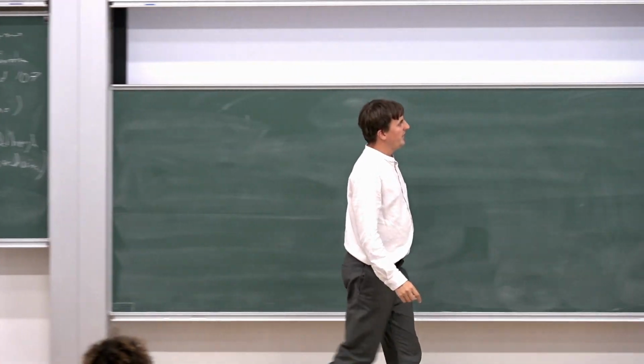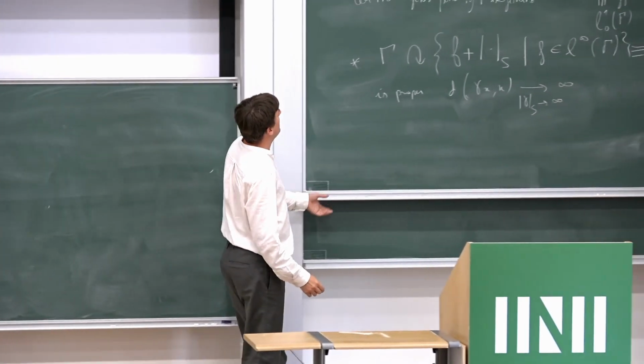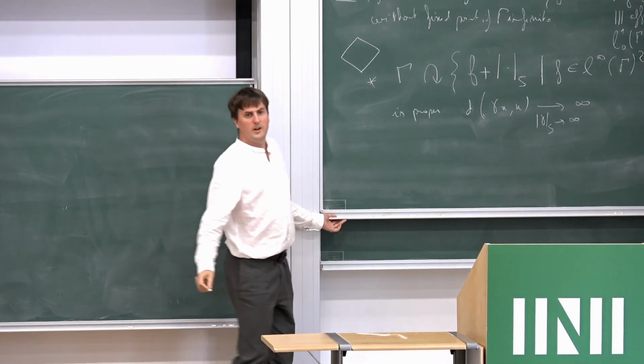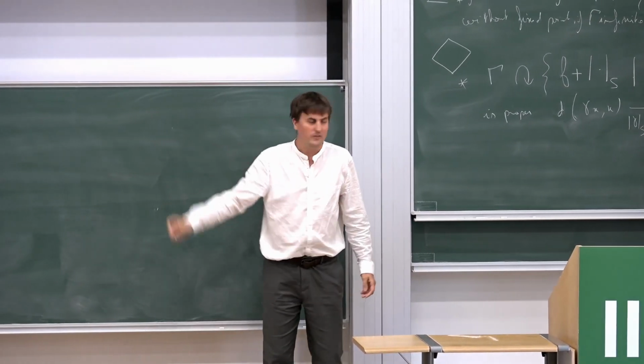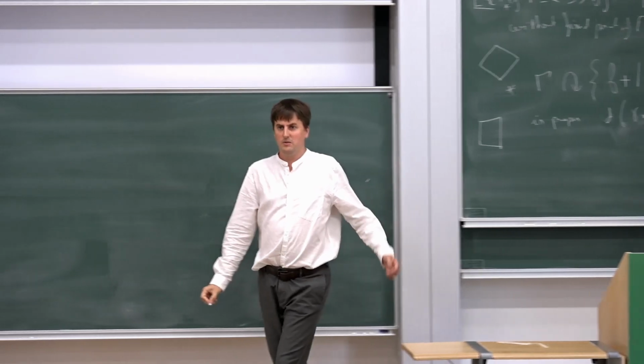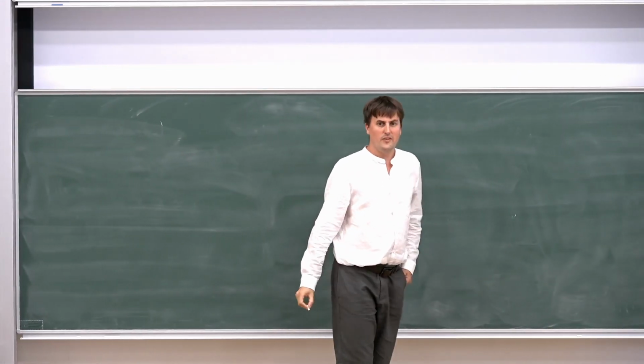Because, of course, I should say that it was implicit in my mind. So for L1 spaces, the unit ball looks like this, so it's far from being uniformly convex. And L infinity, it looks like this, so the balls are not uniformly convex.